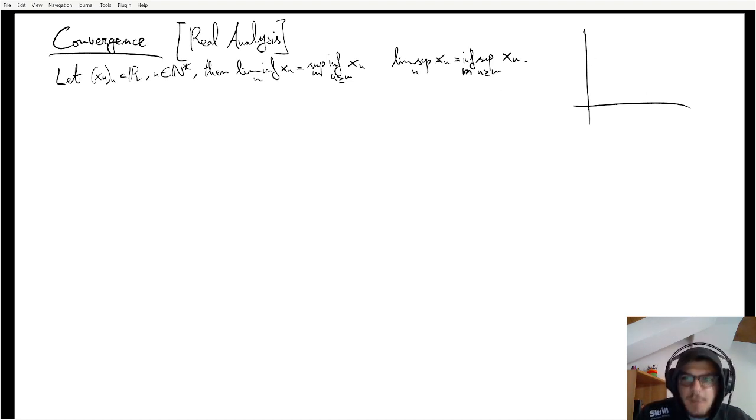So if we have, for example, a function like this, bam, bam, bam, bam. Let's say the supremum is the largest while the infimum is the smallest. And for example here the lim sup goes like this, so this is the sup, this is the inf.